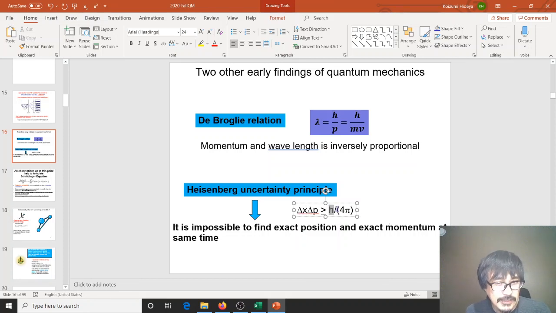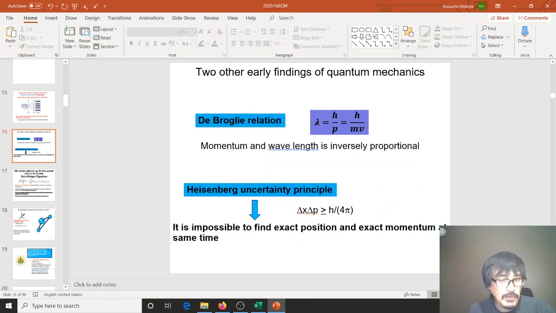So the right hand side of this equation is a constant, and the multiplication of the uncertainty in position with the uncertainty in momentum has to be larger than this constant. So if you know the position very well, then you are going to lose information on the momentum. That's pretty much what it says.